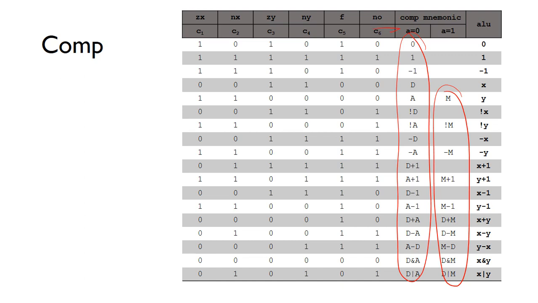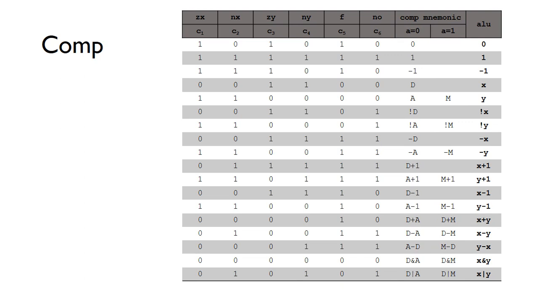The first one is for when A is 0, the second one is for when A is 1. It's just a case of finding a particular instruction. So for example, if the computation was -D, A would be 0, and then the 6 computation bits will be these 6 bits here. So this is a very simple procedure. It's just finding whichever computation appears in the instruction, and then getting the value of A and the C bits.